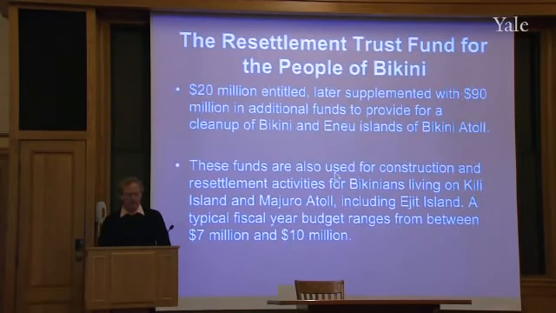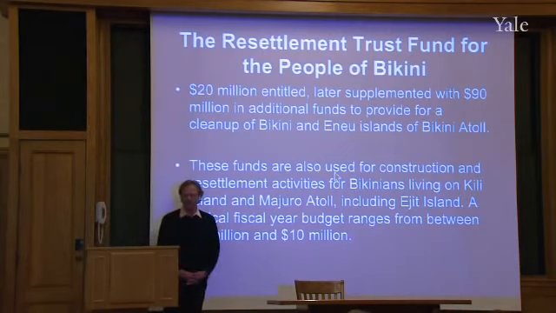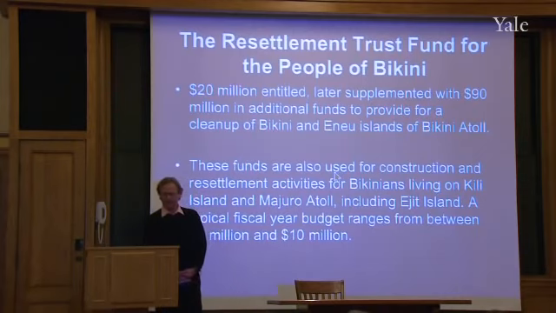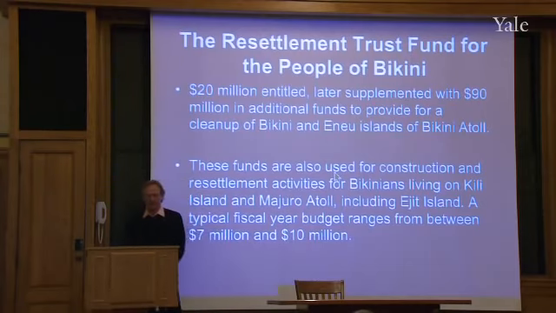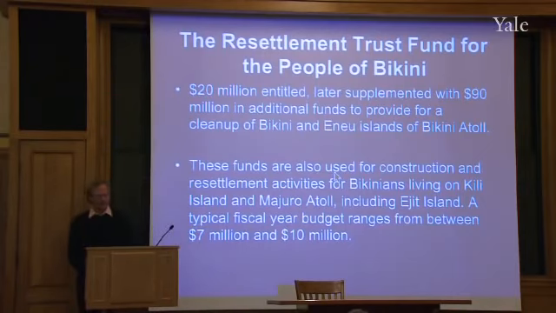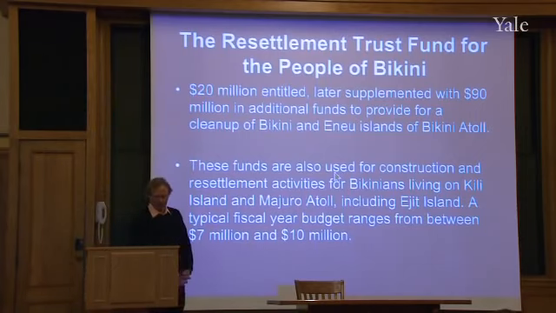So I'll close with a slide: a $20 million resettlement trust fund for the people of Bikini was authorized by Congress, and it was later supplemented with an additional $90 million. These were used for the construction and resettlement of the Bikinians to live on Kili Island and another atoll nearby. And a fiscal year budget now ranges between about $7 million and $10 million going into this community that originally was only several hundred people in size.